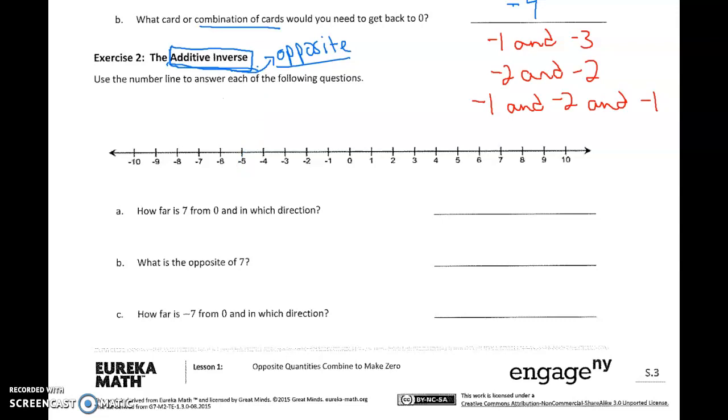It says, how far is 7 from 0 and in what direction? Well, they want to know how far away 7 is from 0. I'm just going to do one big leap there. It's 7 units. In what direction? To the right.